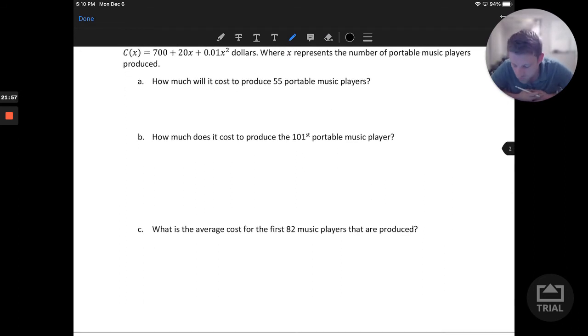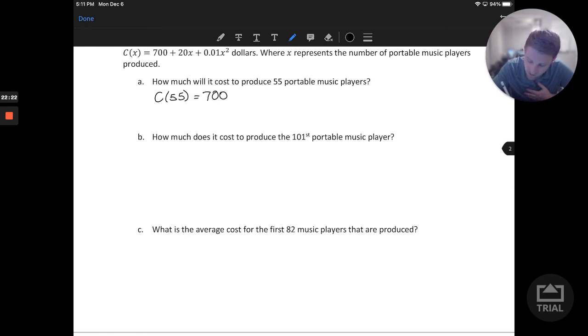So how much will it cost to produce 55 portable music players? Well, if we want to just consider total cost, we know we could just input 55 into our C of x function. So to start out, we could just say, what is C of 55? That's the total cost for producing those 55 players.